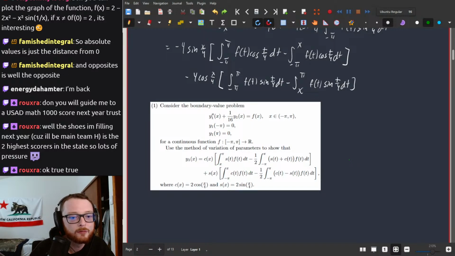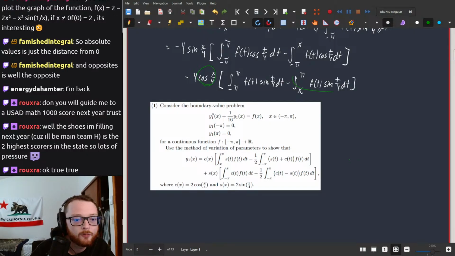Wait, what do I have? No, wait, that's cosine. You want a cosine to the integral from x to pi sine. So we need to make this look like this. And same, this look like this.